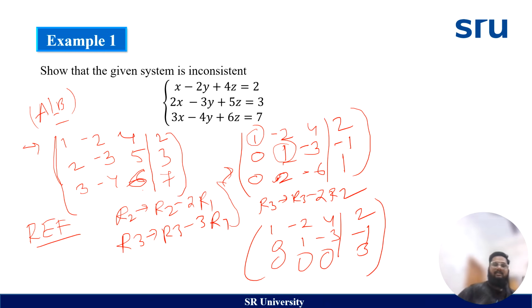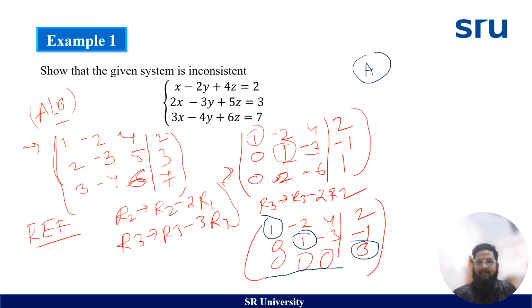Now please see carefully. The first pivot is this one, the second pivot is this one, but in the third row this one is the pivot. If you see only the A matrix, up to this, how many pivots do you get? 2. So with only A there are 2 pivots, that means the rank of A is 2.